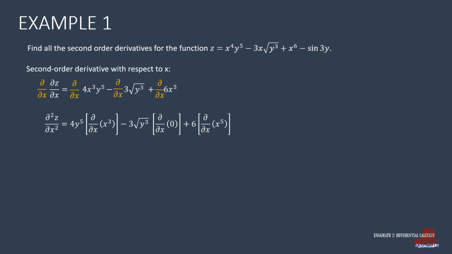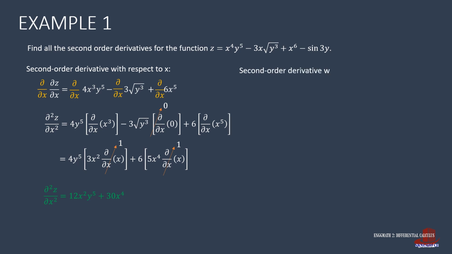The second term then turns to 0, and the reduced function is 4y raised to 5 times 3x squared times the derivative of x plus 6 times 5x raised to 4 times the derivative of x, where again, dx over dx turns into 1. So the second partial derivative of z with respect to x is 12x squared y raised to 5 plus 30x raised to 4.